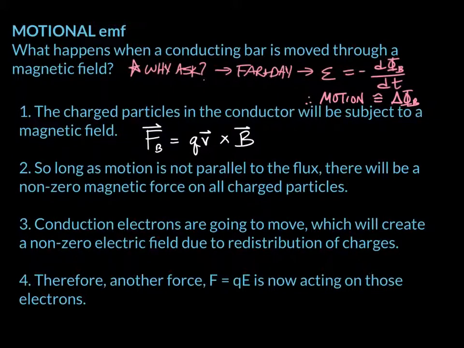So we're going to draw a picture of this and work through how the equation will shake out in the end. But we need to go through the motions of what's going to happen on the inside and why. So we start off with those electrons getting deflected by the magnetic field, which causes them to move, which causes the creation of this induced voltage electric field, which now introduces a new force to the system.